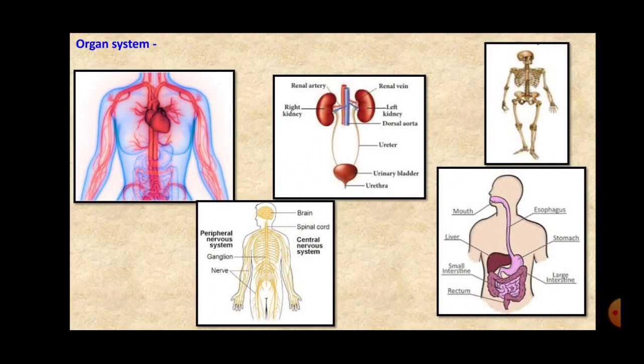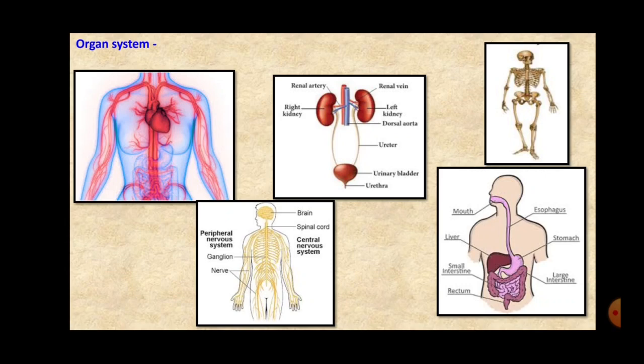As you can see in the pictures, there are certain organ systems shown. The very first picture is the circulatory system. In the second one, you can see the kidneys, urinary bladder, so it is the excretory system.